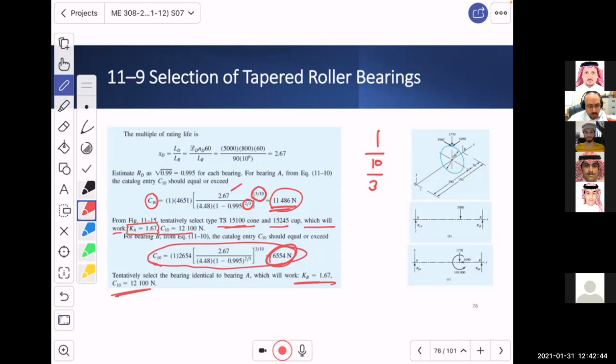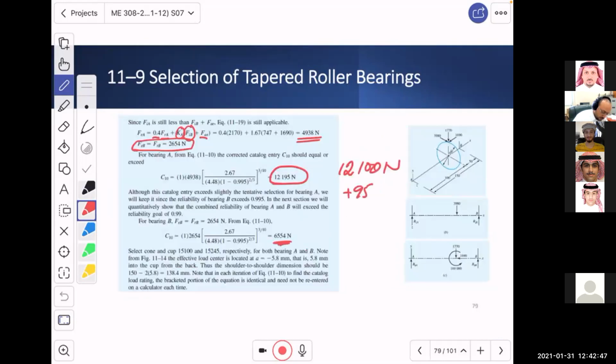So what is written here as a note is what you need to understand: the fact that this 150, from here to there, is 150. If you go to the diagram of the bearing, maybe I should draw it in a better way.